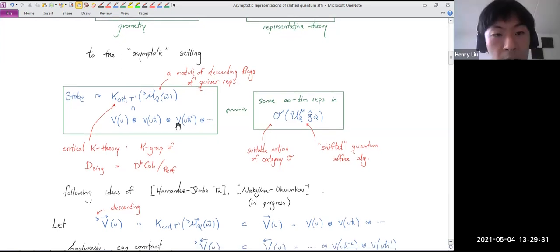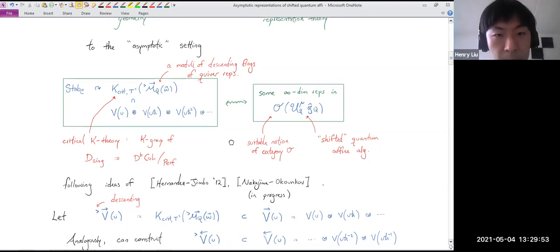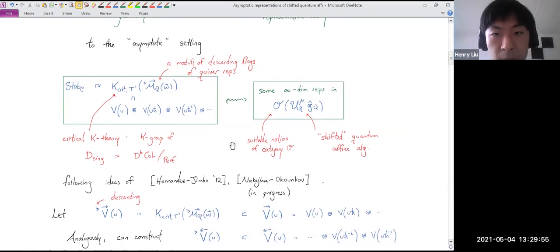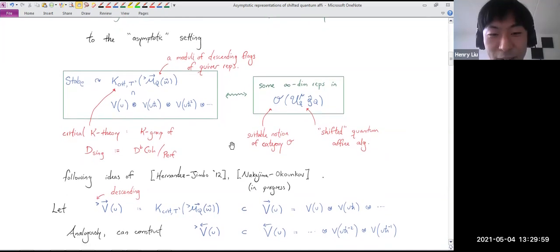And this geometric input into the study of such modules, with this critical K-theory of these moduli of flags, I first learned from a work in progress of Nakajima and Okounkov. Hopefully if I keep saying work in progress, it really will appear soon.